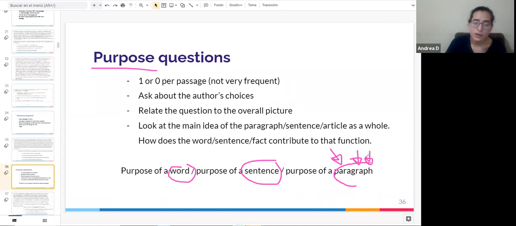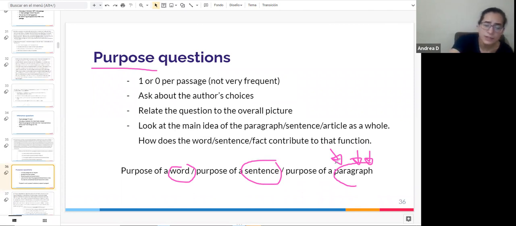So that's something you can do, especially if you're not reading the entire thing first. So if you haven't read the entire passage before answering the question, and you're doing what we're doing right now, just reading the paragraphs, then skip this question if they're asking for a paragraph, and then you go back when you're done with the 10 questions from the passage.